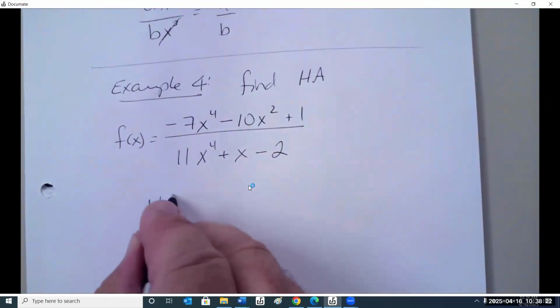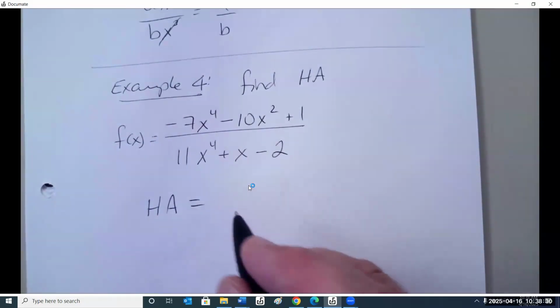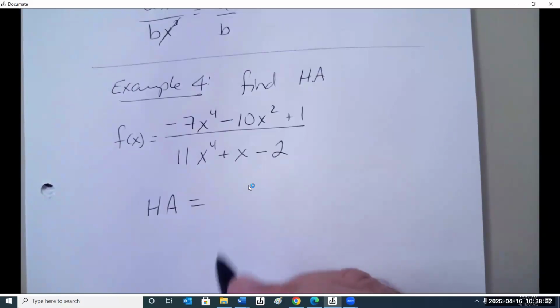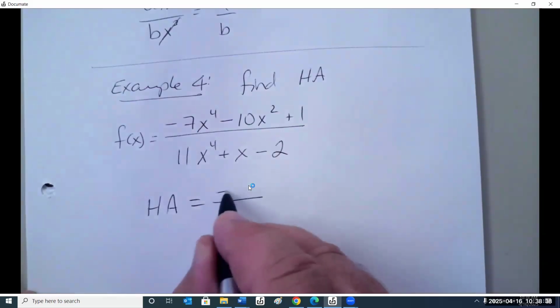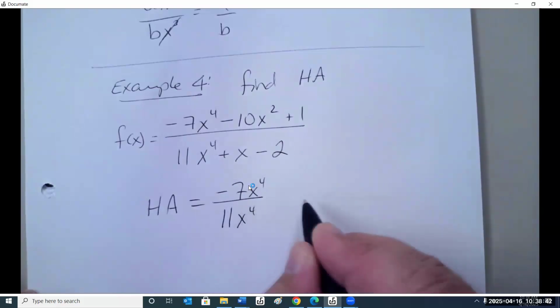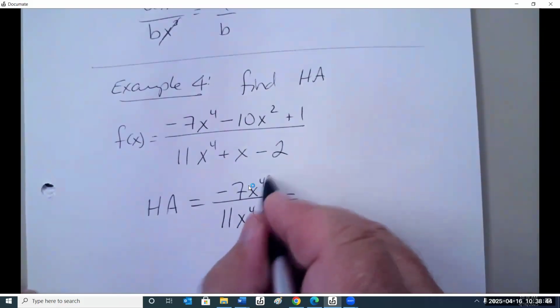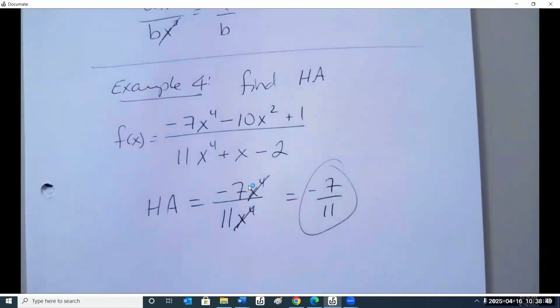So the horizontal asymptote is equal to what? If you had negative 7x to the fourth over 11x to the fourth, these cancel, so it's negative 7 over 11. Right.